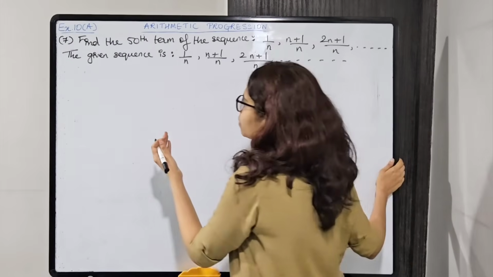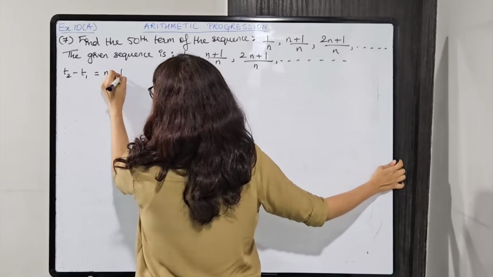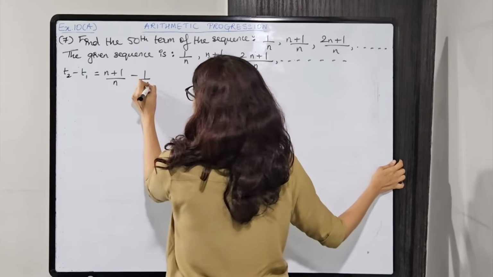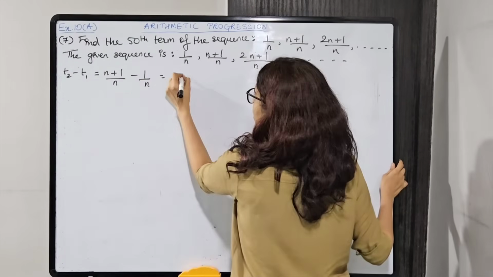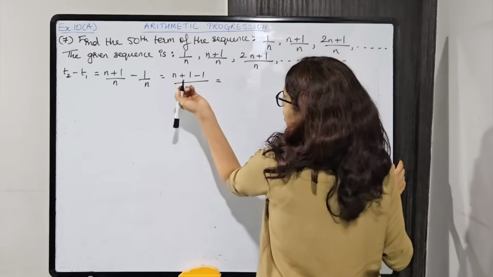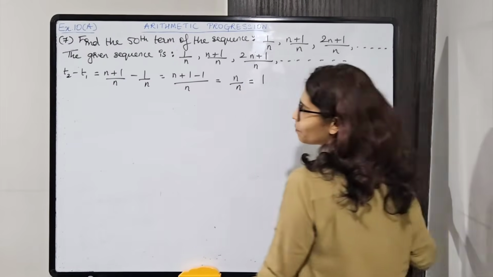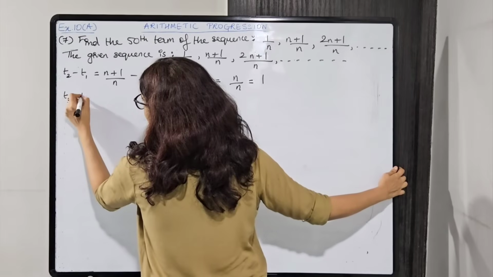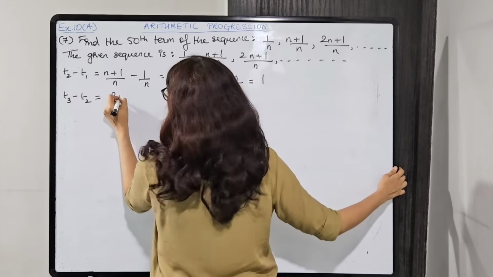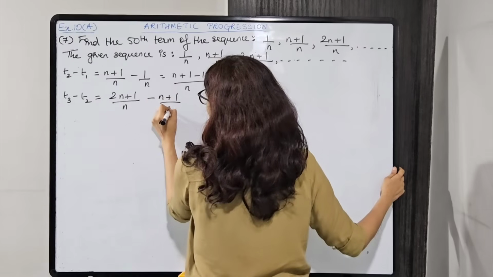Let's find the difference. t2 minus t1 is n plus 1 by n minus 1 by n, that will give n plus 1 minus 1 upon n. So 1 minus 1 is 0, that is n upon n, which gives 1. t3 minus t2 will be 2n plus 1 upon n minus n plus 1 upon n.